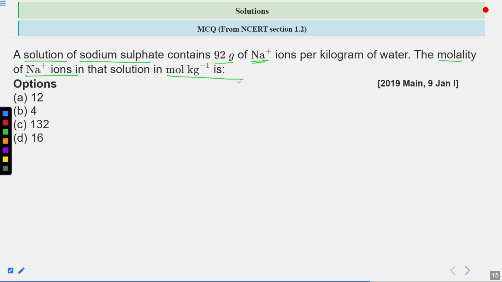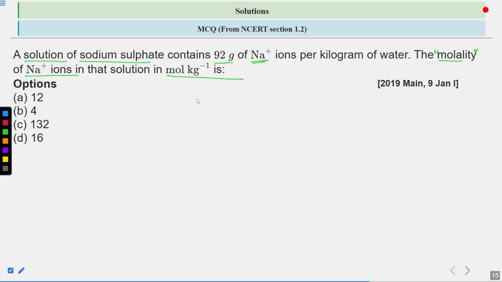So we are talking about the solution of sodium sulfate, Na2SO4, which contains 92 grams of sodium positive ions per kilogram of the solvent, which is water. Now you have to tell the molality of the sodium positive ions in that solution in mole per kg units.